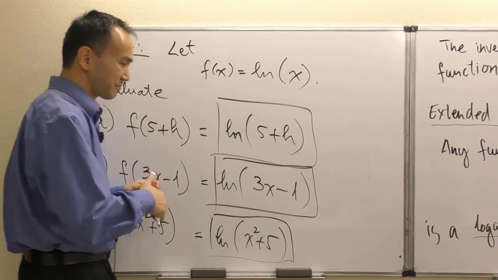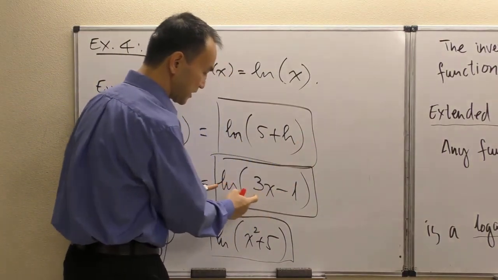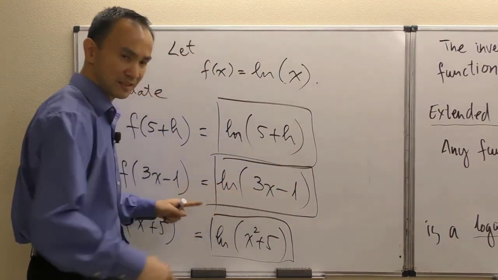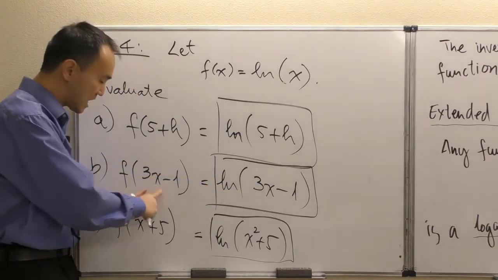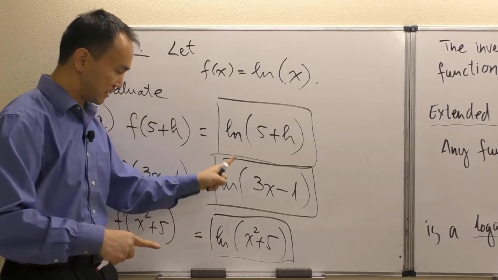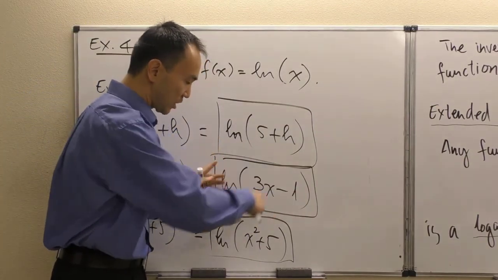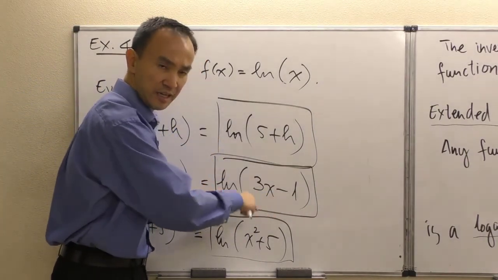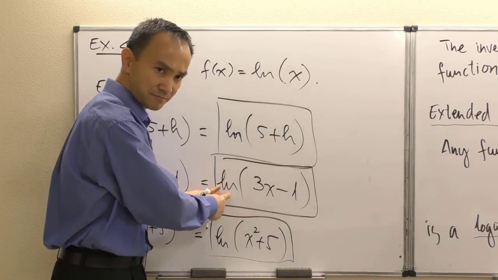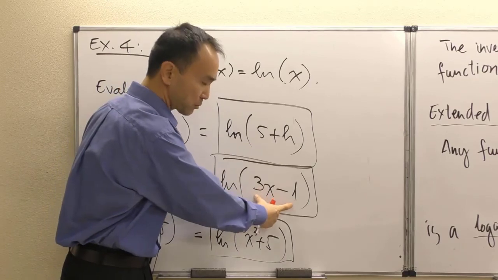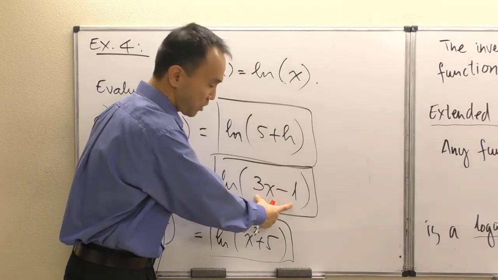But the real purpose I want to point out now is, looking at this one right here, yes, ultimately that came from f of 3x minus 1. But the end result right here is a logarithmic function, because it's a log base e. The expression inside is a linear expression.